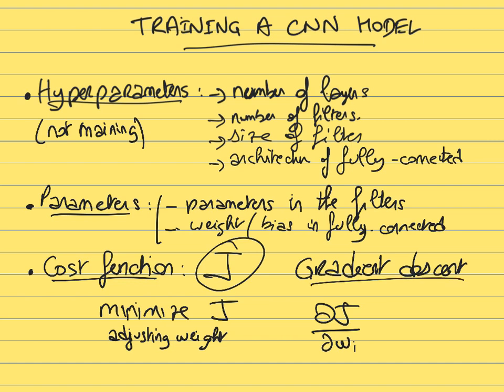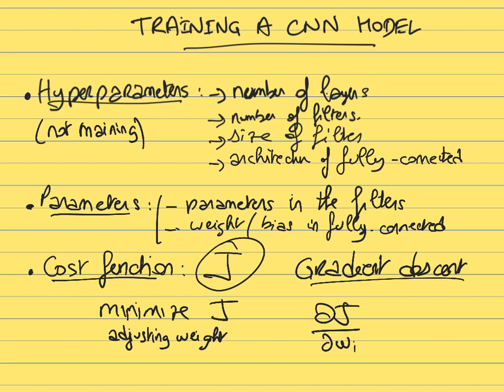If the cost function is increasing with respect to a given weight, then it means that this weight needs to be decreased so that the cost function will decrease. Or if the slope is negative, then it means that the weight actually needs to be increased to decrease the value of the cost function.